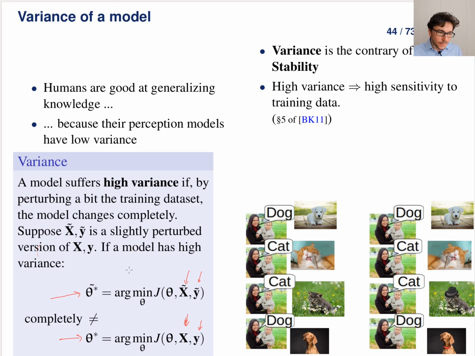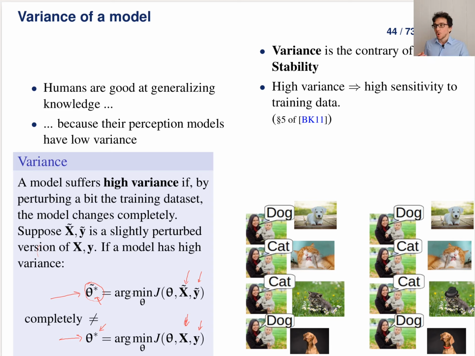Okay, and if I train the model on the perturbed dataset, of course I obtain a different set of parameters. Now, if a model suffers high variance, the set of parameters that I obtain with the two slightly different datasets is completely different.